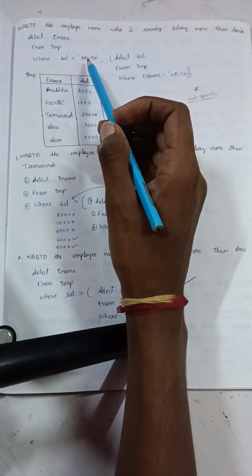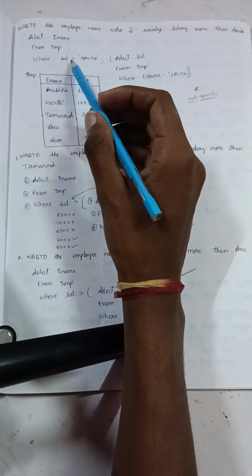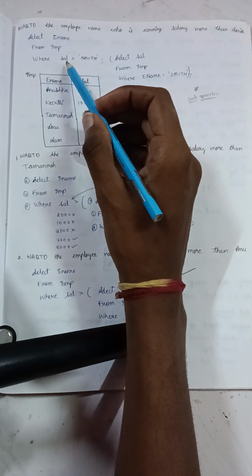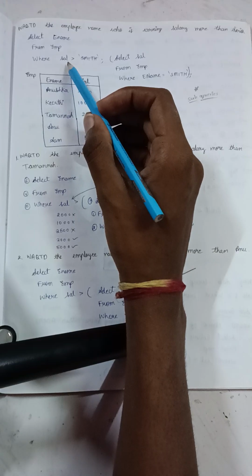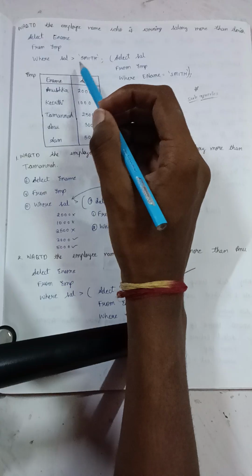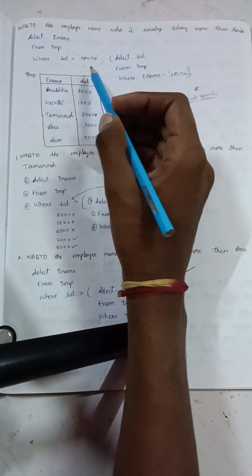It can't be used, because salary is a numerical data type and Smith is a character data type. We cannot compare a numerical data type with a character data type, so it will give an error and will not be executed.